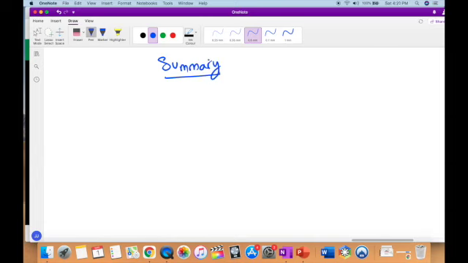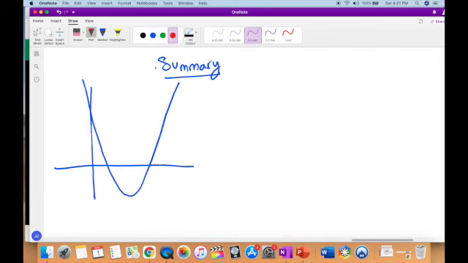So a summary of sketching quadratics. If this is a quadratic that we have here, what do we need? We need the roots, we need the y-intercept, we need the turning point, and we don't really need the line of symmetry, but it is actually fair.